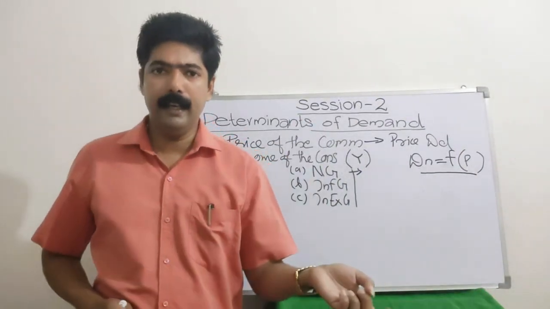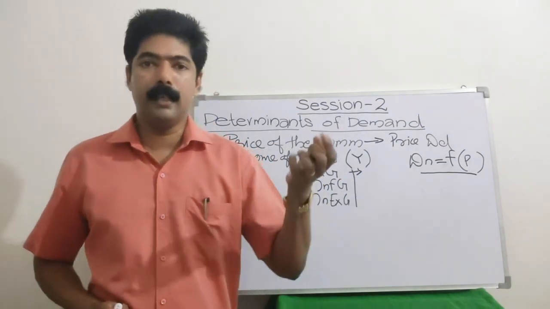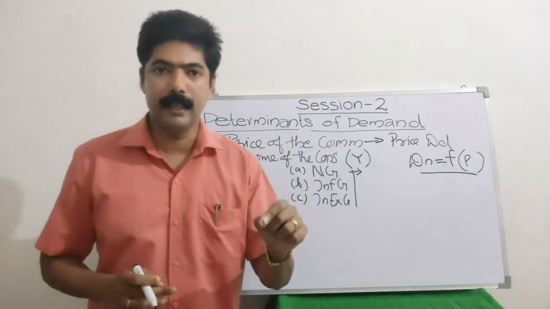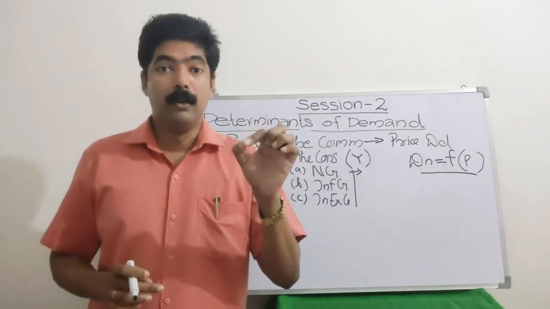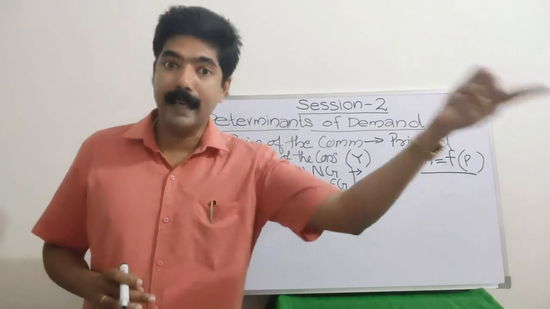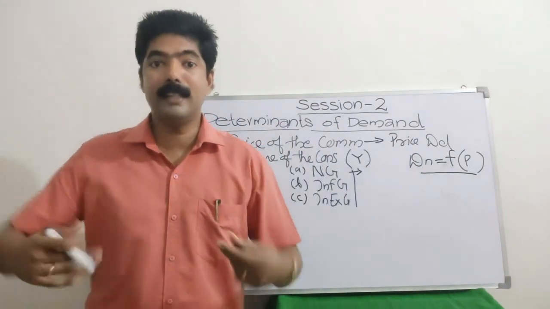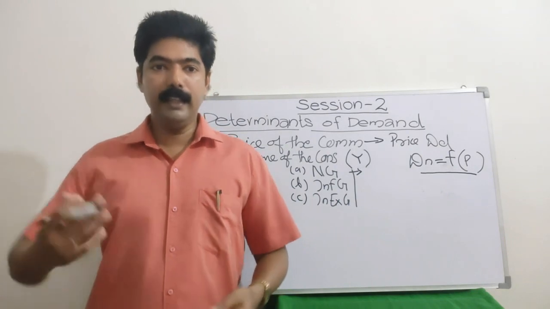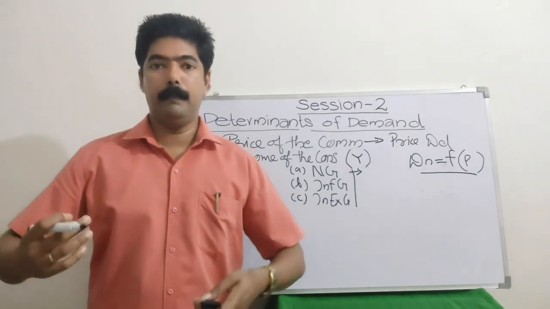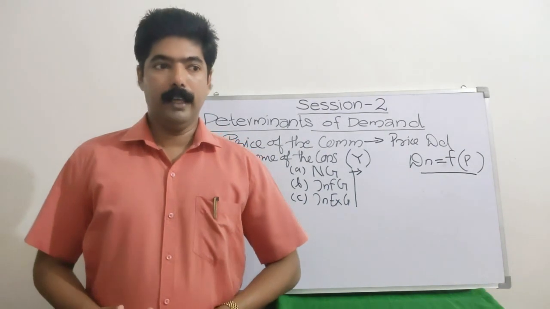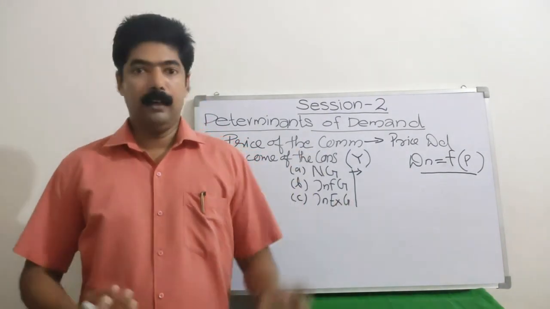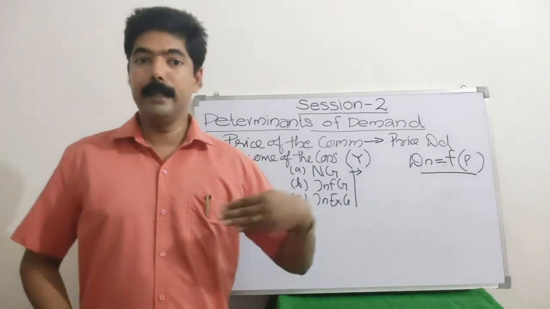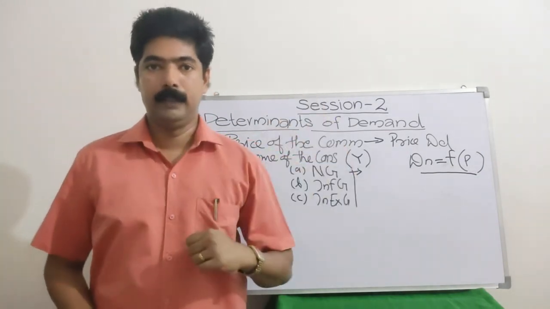So once my income level increases, I can also purchase less of that commodity. Then what does it show? Generally, if I purchase luxurious goods always, that means my income level is a little bit high, right?